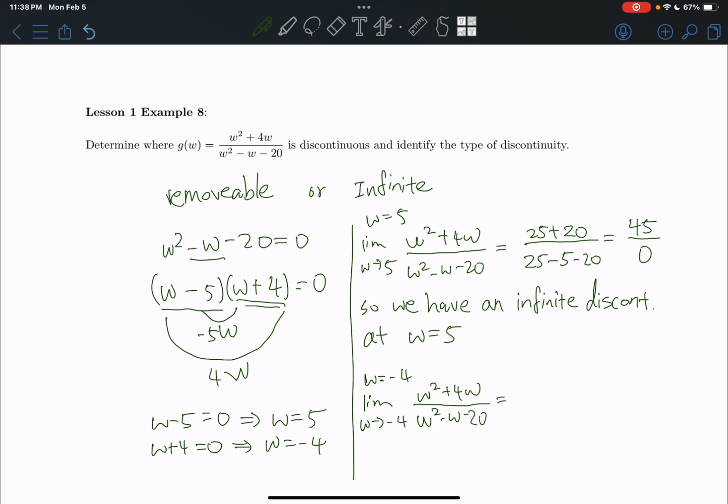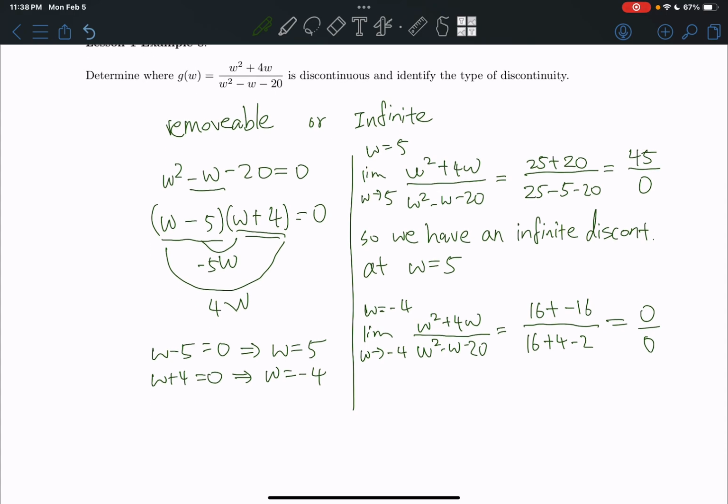Negative 4 squared is 16, plus 4 times negative 4 is negative 16, all over 16 plus 4 minus 20. The plus 4 is because negative 4 times negative 1 is positive 4. So overall, we get 0 over 0. We already know what 0 over 0 means in this case: we have a removable discontinuity.